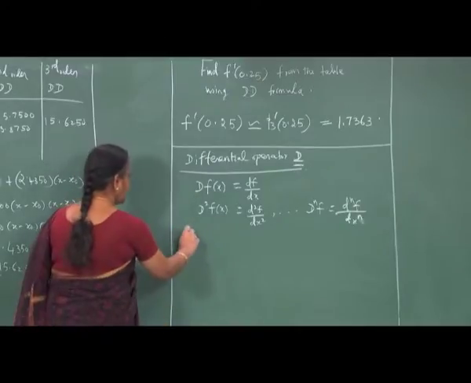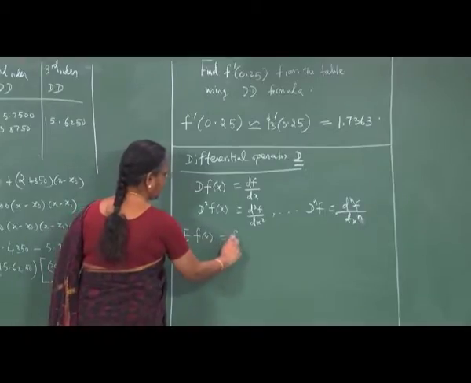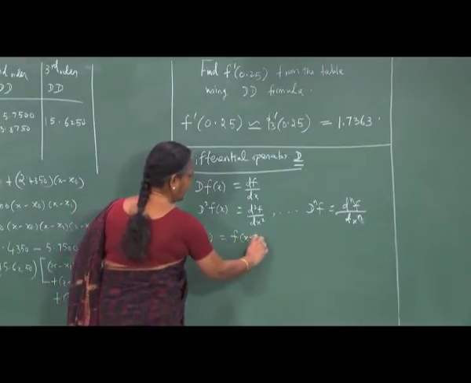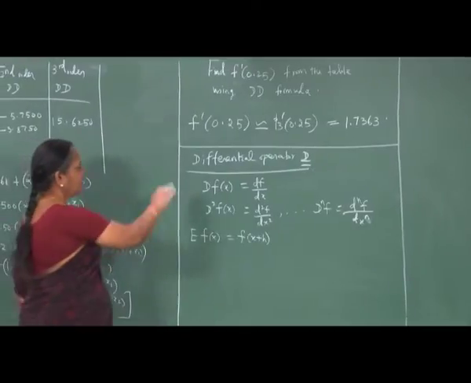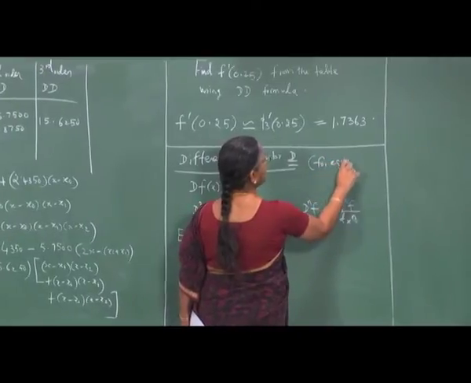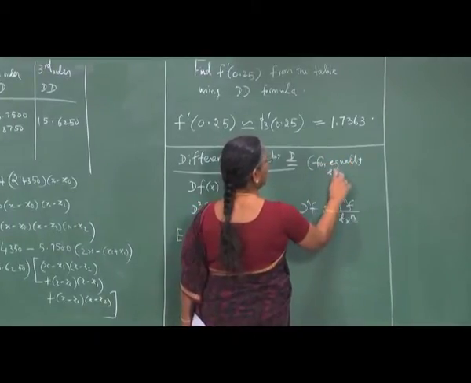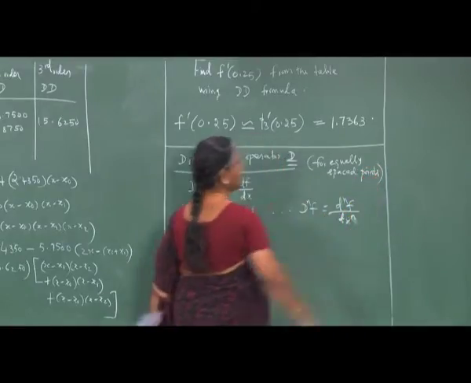We know that the shift operator E, when it operates on f, gives you the value at the next point. We consider these details for equally spaced points. So, let the information be given.